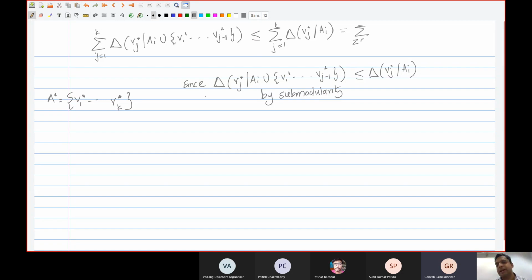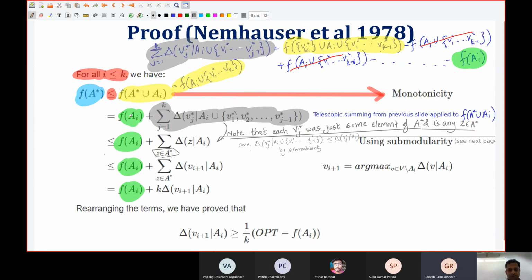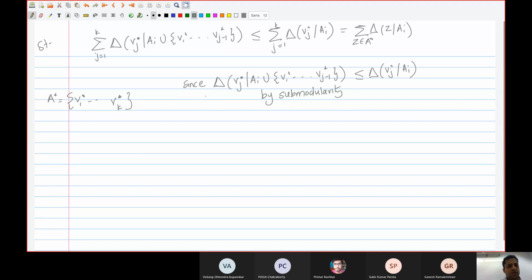So I'll just say Z in A star of delta Z given A. This step, let's give it a name if you want. Let's call it step 2. Step 2 is clear.